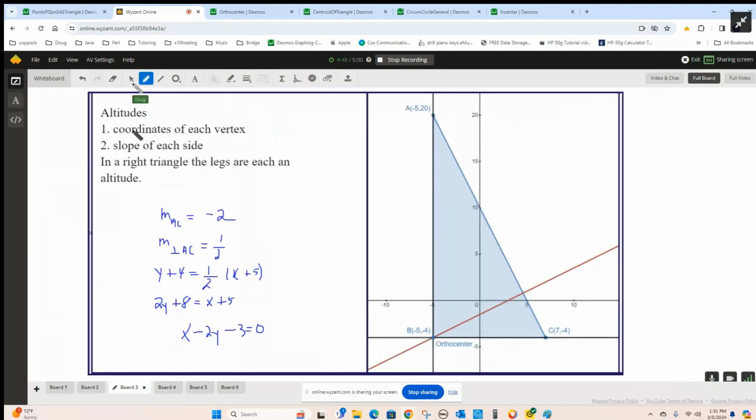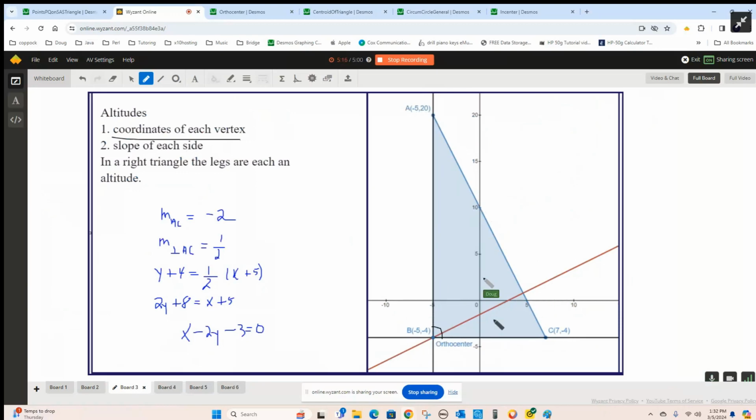For altitudes, you need the coordinates of each vertex because the altitude goes from a vertex perpendicular to the opposite side. So you need to know the slope of each side, then the perpendicular will be the negative reciprocal. For these altitudes, since this is a right triangle, the legs are altitudes.